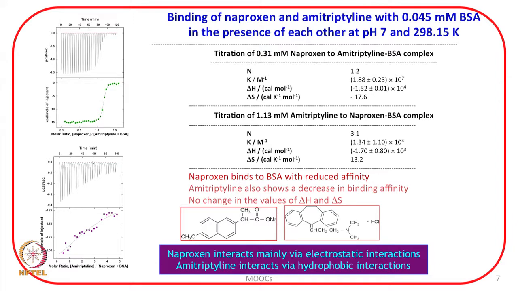So what we discussed in today's lecture is that isothermal titration calorimetry not only helps in giving us the quantitative numbers on the binding thermodynamic parameters, it also helps us in identifying the nature of intermolecular interactions.